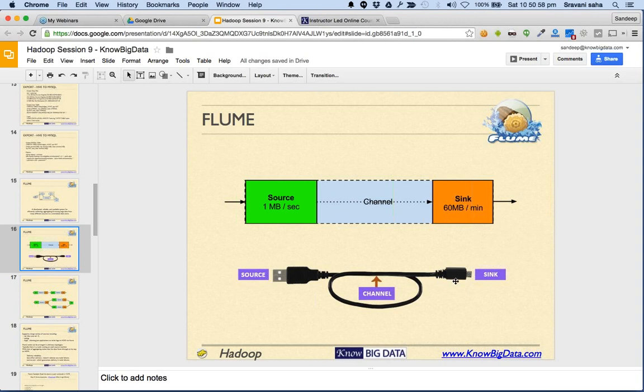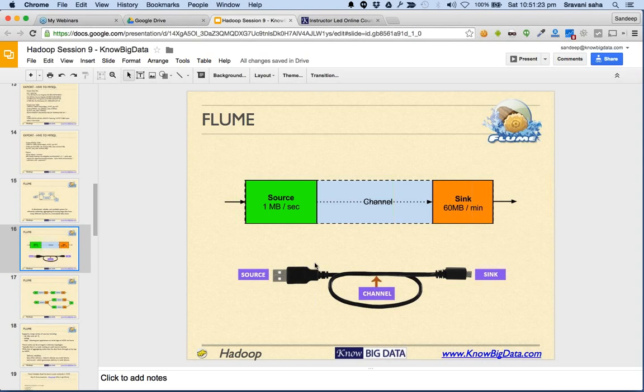Similar to your USB cable. On one part you have a USB 2.0 connector, which is sort of female. This section is a male section, which is micro USB. So the data from this side comes in and goes to the sink side. This is source and this is sink, meaning this connects to sink and this is the source.